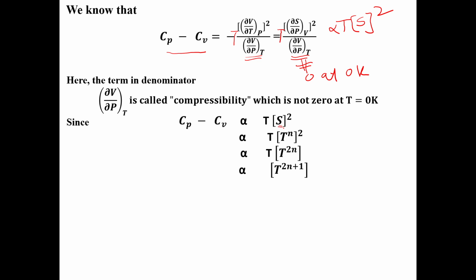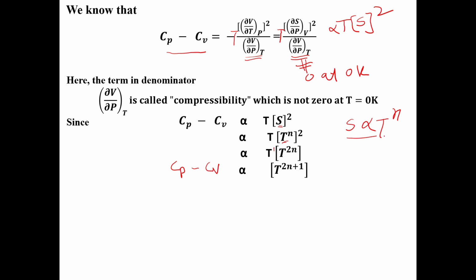And from the power law, this S is directly proportional to T raised to power n. And this T to the n into 2 becomes T raised to power 2n. One T is there, so T raised to power 2n plus 1. This is the dependence of the difference in specific heat on the temperature.